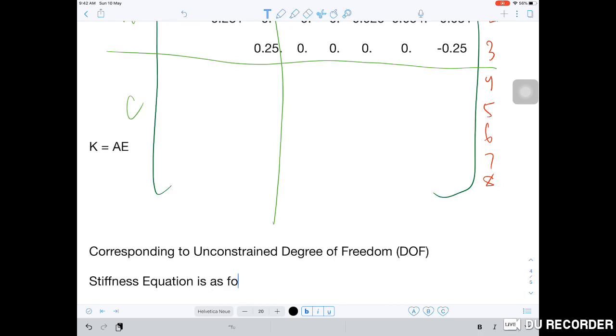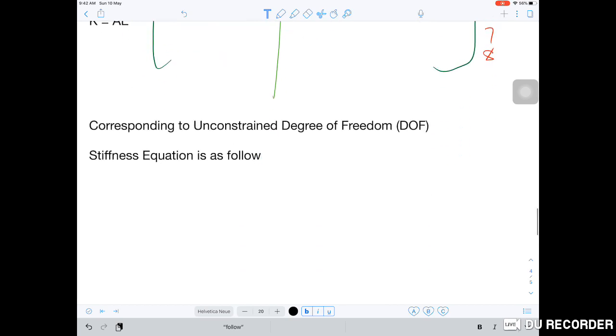This corresponds to the unconstrained degrees of freedom. The stiffness equation is Q equal to KD plus Q naught. What is Q?